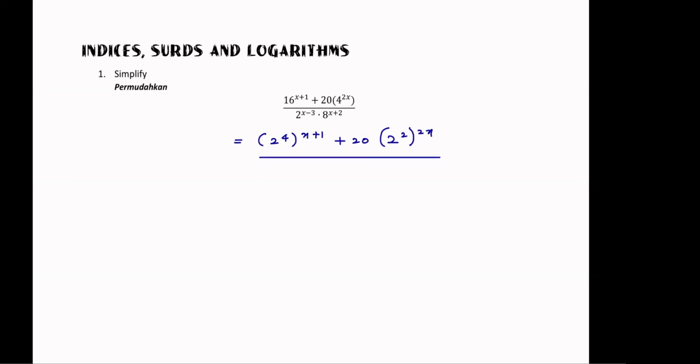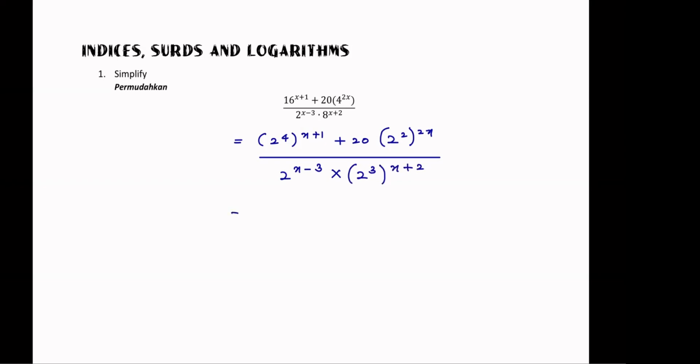The bottom one is 2x minus 3. The dot you want to put times. The 8 I'm going to put 2 cube. Okay, sampai sini faham kan?